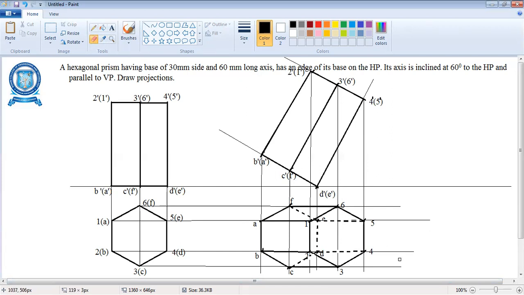That's the final answer for the hexagonal prism.